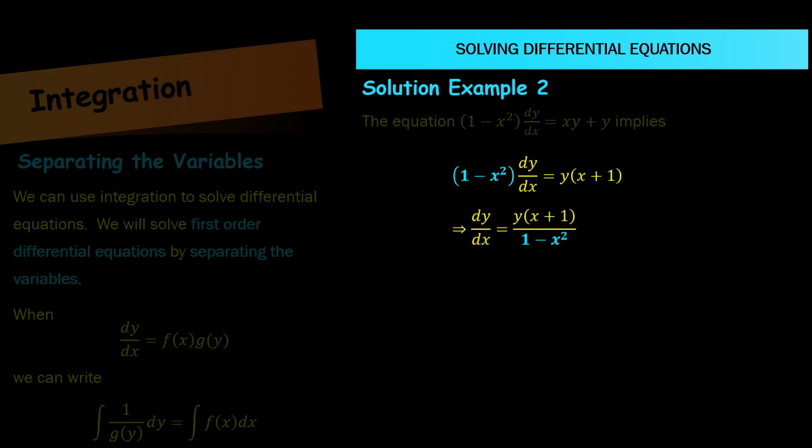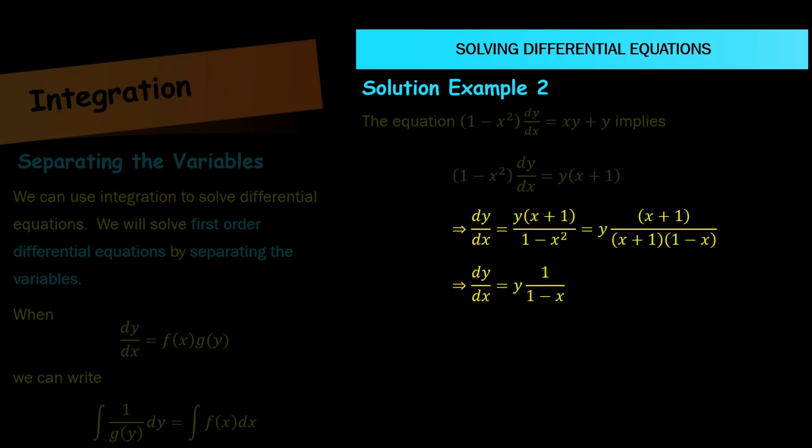And then we divide through by 1 minus x squared. And we factorize further. And we can now cancel.